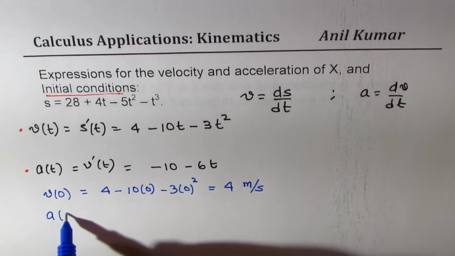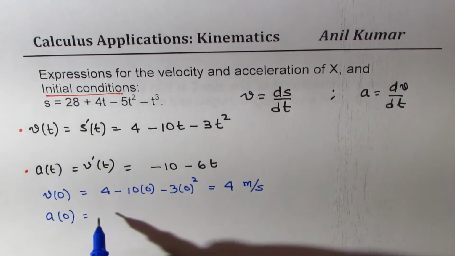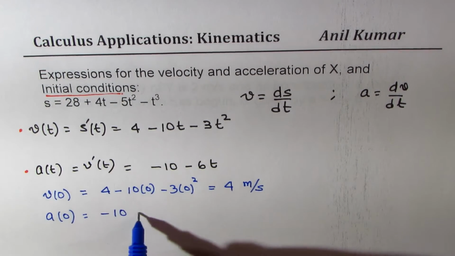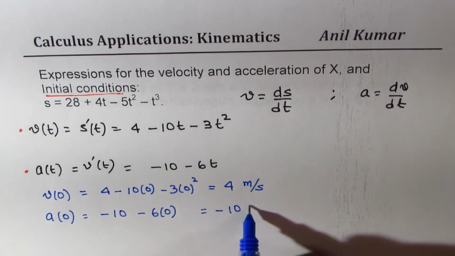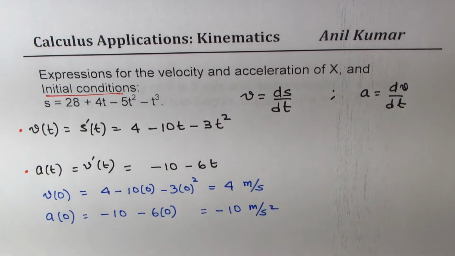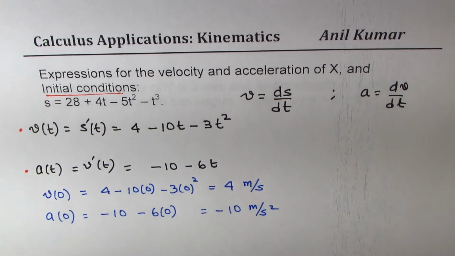As far as the acceleration is concerned, we get minus 10 minus 6 times 0, which is minus 10 meters per second squared. Perfect. So that is how we do the first part. Now let's move on and analyze the second particle.